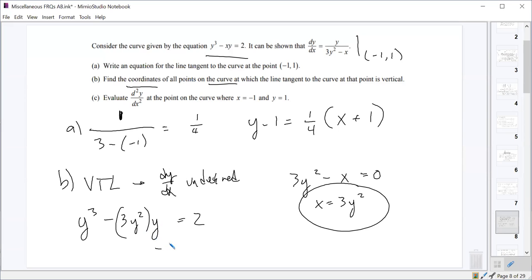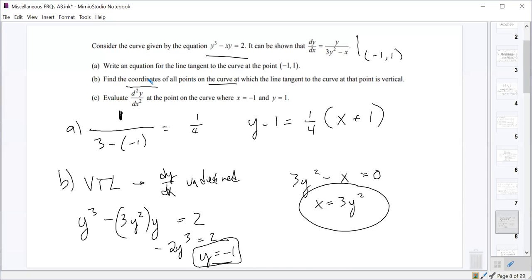So it gives us -2y cubed equals 2, or y cubed is -1, or y is -1. Everybody good with that? So y equals -1 is the y coordinate of where our tangent line is vertical.